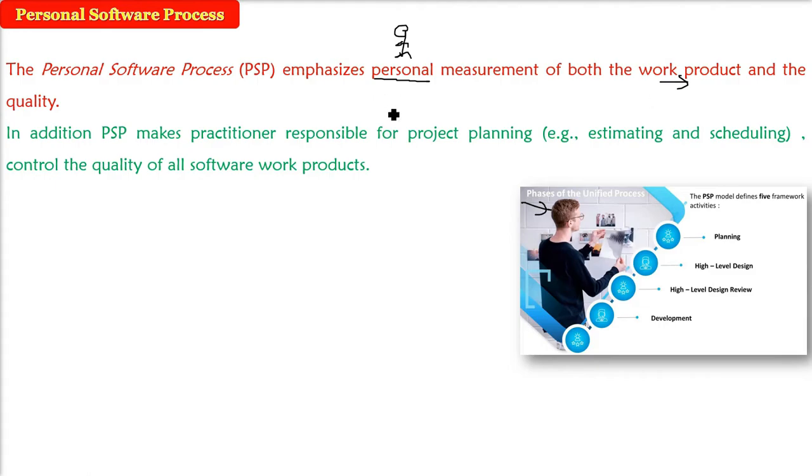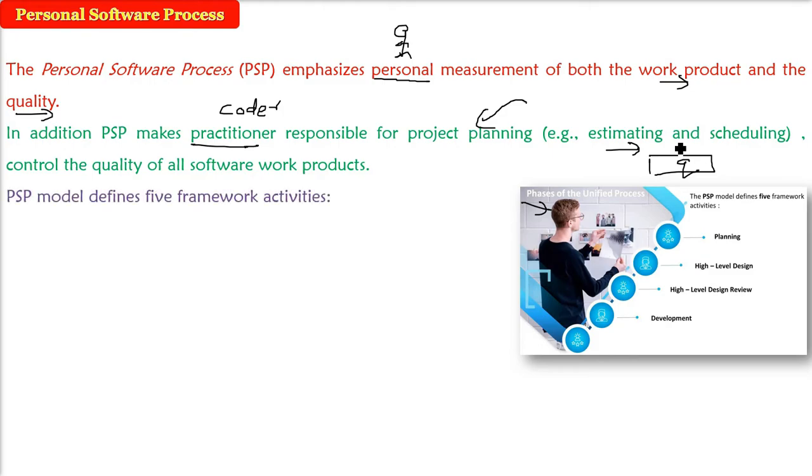He may be a coder, he may be a designer, or he may be a quality person, or a person doing some work can also take care of the quality. So this PSP makes the practitioner, that is the people who are actually coding and creating the work product, responsible for project planning. That is, they will estimate and schedule, and also control the quality of whatever product they are producing. So we are talking about individuals here.